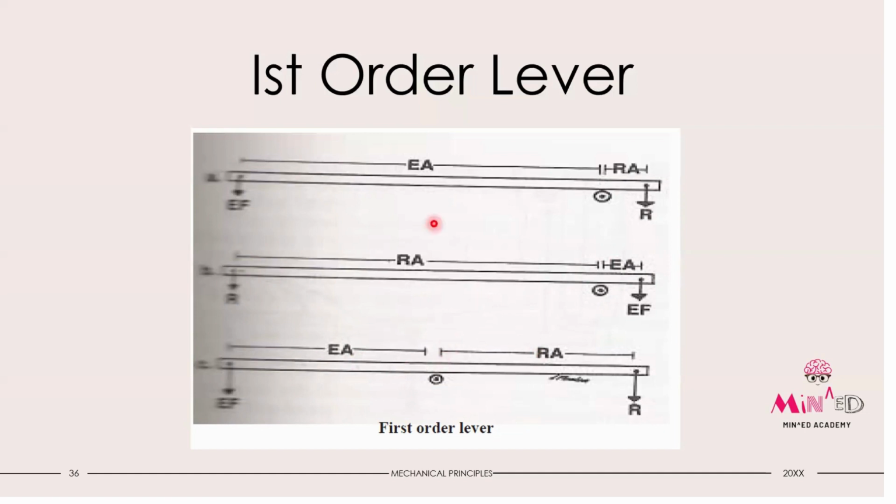But since here resistance arm will be greater than the effort arm, mechanical advantage will always be less than 1. And in the other one, when fulcrum is towards the resistance, effort arm will be greater than the resistance arm. So here mechanical advantage will always be more than 1. In the middle one, mechanical advantage is equal to 1.